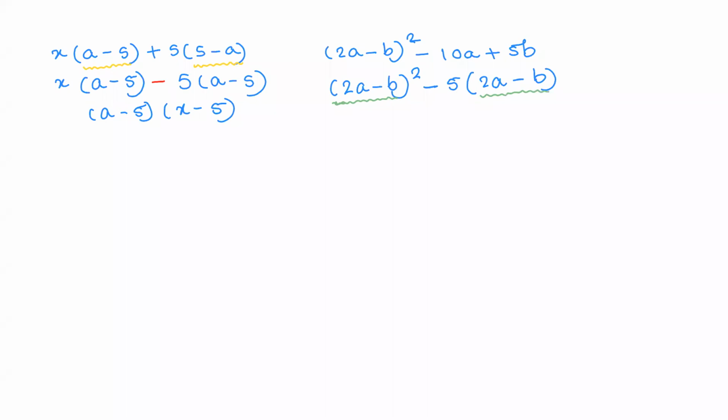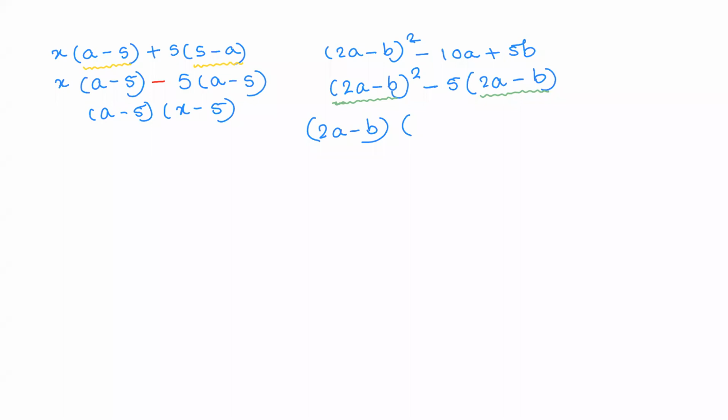We can simply take our 2a minus b common. Once again, do not think of expanding it. We can take our 2a minus b common. So when we take our 2a minus b common, see what remains inside the bracket. Now, there is 2a minus b the whole square as the first term, right?